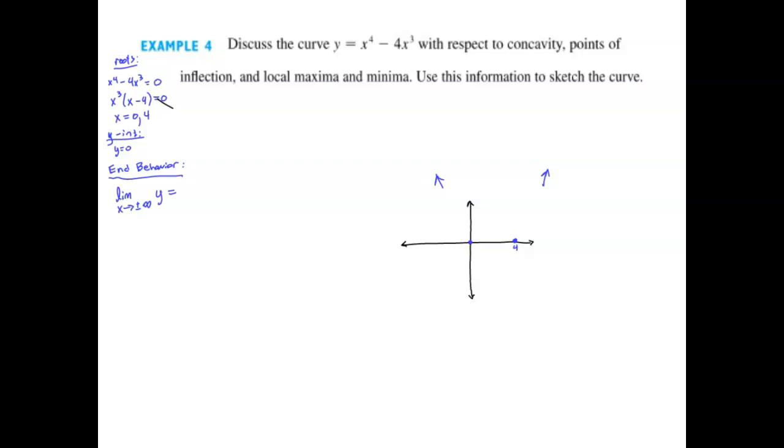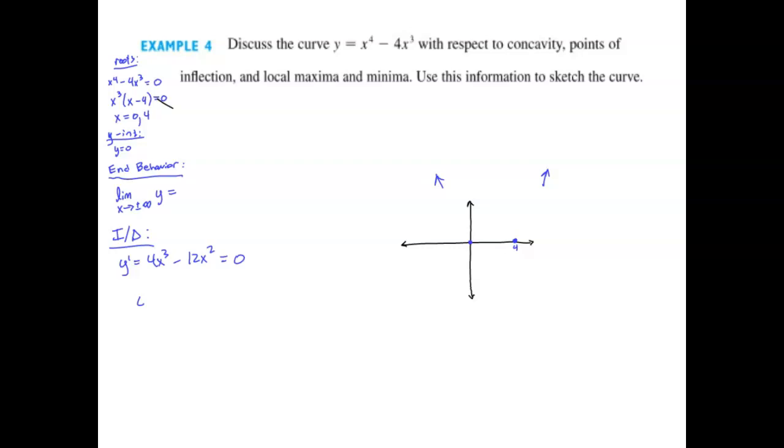All right. So now let's start with increasing and decreasing intervals. Let's do some calculus here. So y prime is 4x cubed minus 12x squared. I'll set that equal to 0 and solve.